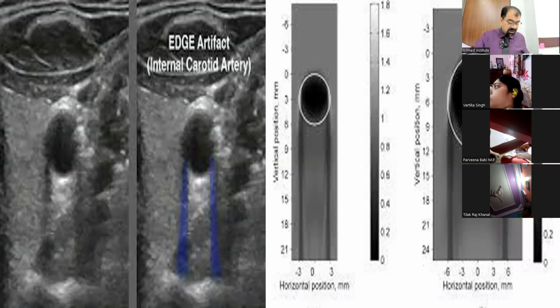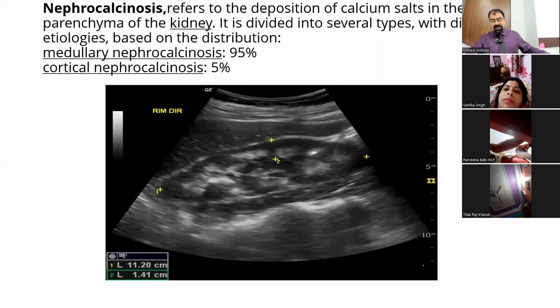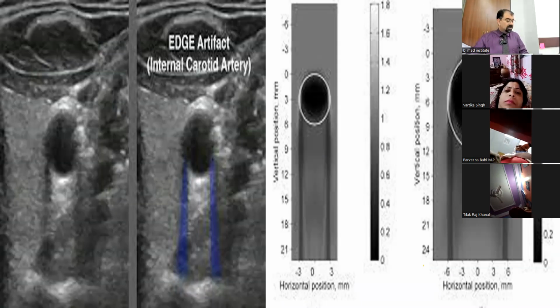Clear? Dr. Jagdevi has posted that. Now the last question, how to differentiate? It is posted by Dr. Imran. How to differentiate a hyperechoic focus? Try to understand the question. How to differentiate a calculus? For example, there is a calculus.